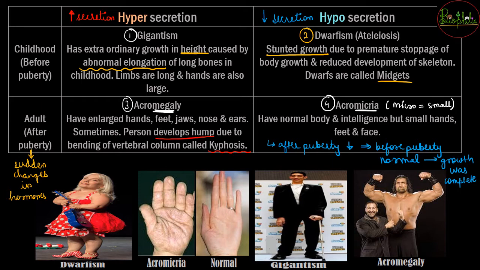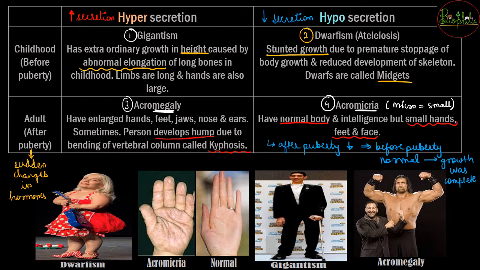So उसकी height will be comparatively normal, so it will have a normal body, but generally the hands and feet as well as the face will remain small, but body size जो height होगी या उसका जो intelligence brain development है, all that will be normal. Only hands, feet and face will be comparatively smaller in the case of less secretion or hyposecretion of growth hormone, that is after puberty.